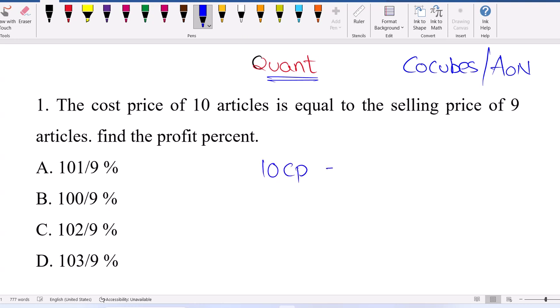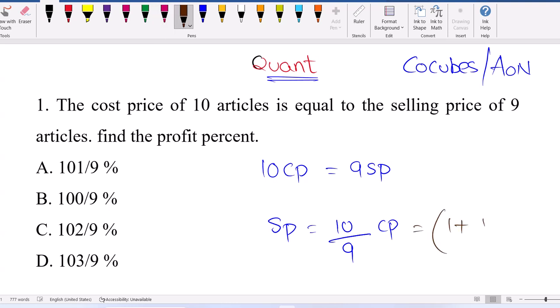Fine, this is the cost price of 10 articles. The cost price of 10 articles is equal to the selling price of 9 articles. So the selling price is 10 by 9 times the cost price, right? In terms of percentage, 10 by 9 can be written as 1 plus 1 by 9.